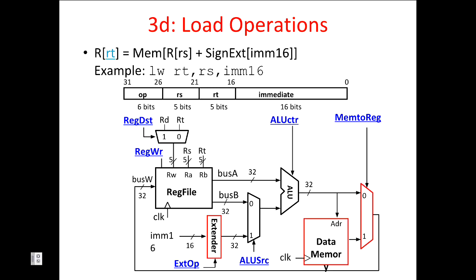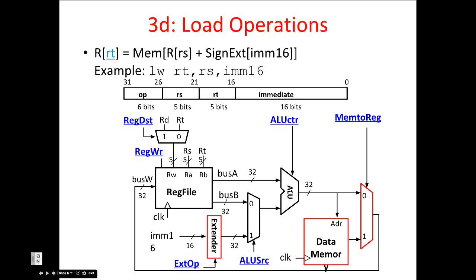What's the value that the ALU is outputting in this case? The final address from which we're loading, right? So for load word, bus A will contain the base address, the one that's specified by RS. That will be on bus A. And then the other input to the ALU, we're going to set ALU source to select the sign extended immediate. And then the ALU control will specify that the ALU should be doing addition.